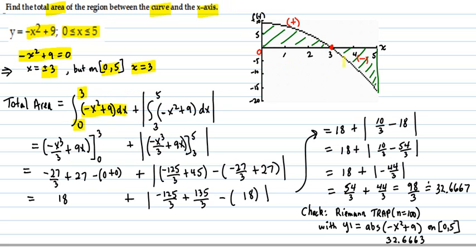Then from 3 to 5, we'll take the absolute value, these absolute value bars, of the integral of the function, because that way, when this integral, which is 3 to 5 of negative x squared plus 9 dx, comes out negative, it'll be the area if we take the absolute value.